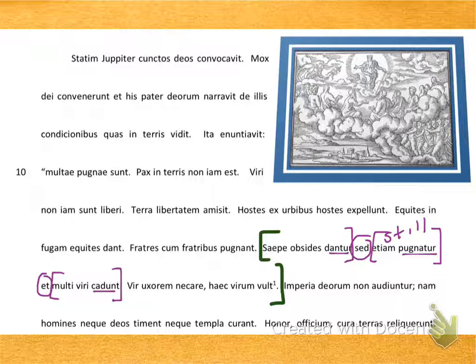We are not using a noun as the subject of pugnatur, but instead we are using what the Romans like to often do with passive voice verbs in the third person singular when there is no nominative case noun as the subject, and that is to make it a neuter subject, something that's an it. So still, it is fought.